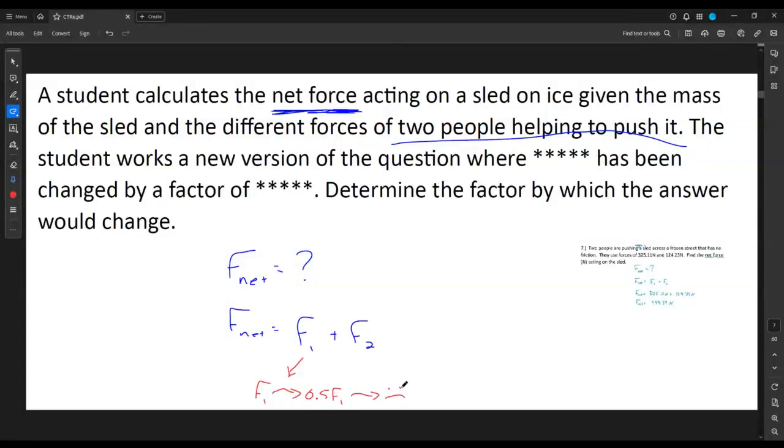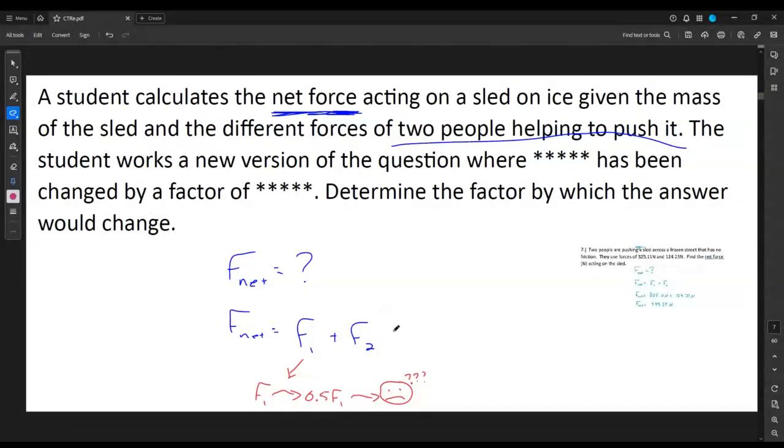Then I have no idea what that's going to do, because I'm just changing one of the numbers. I don't know how big or small the other one was. I don't even necessarily know which person I'm changing. I have no way to predict what's going to happen to my answer. So that's not going to work.